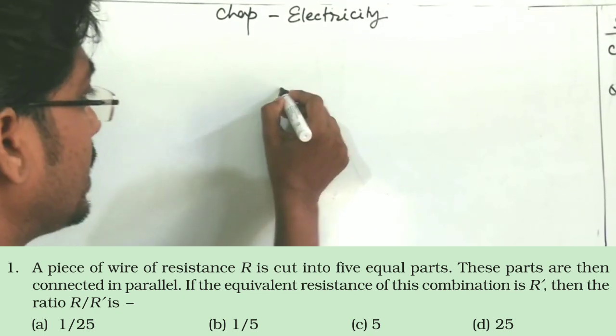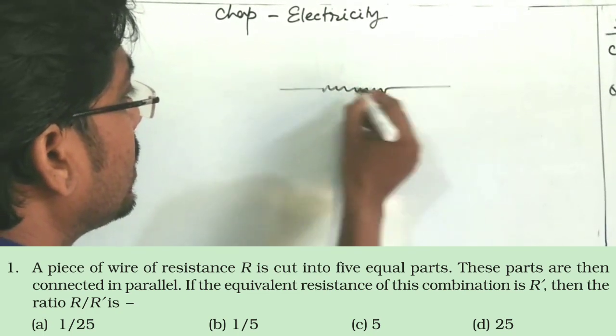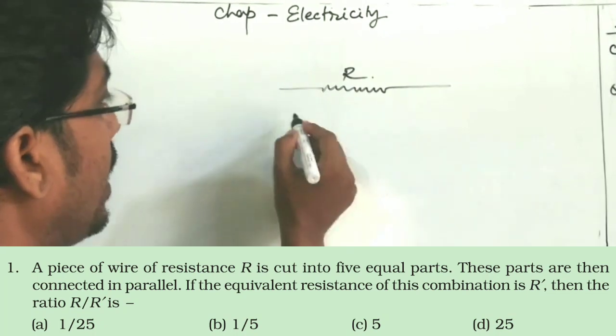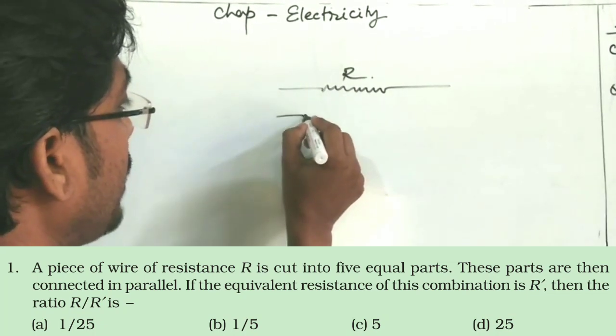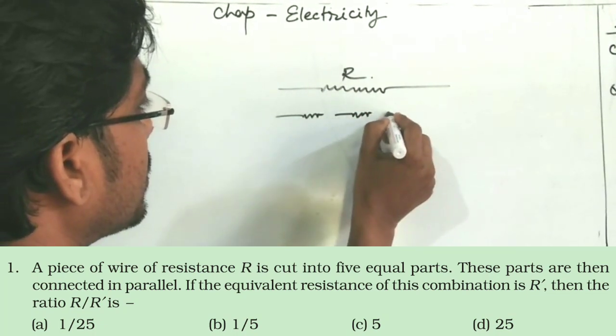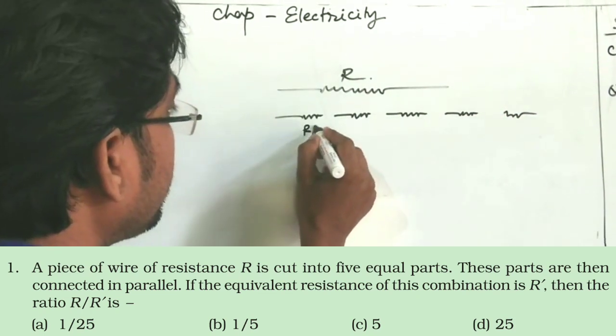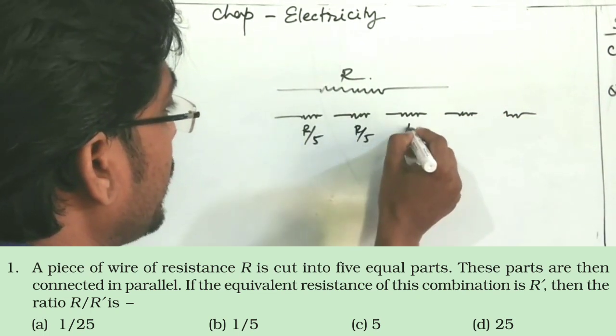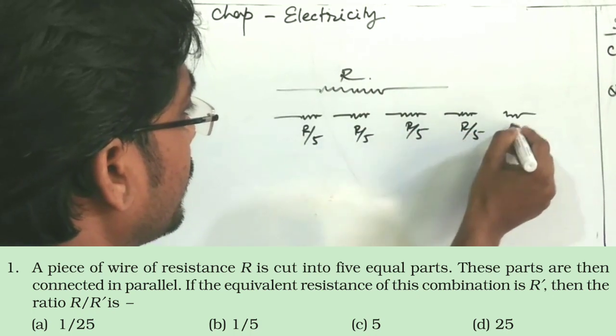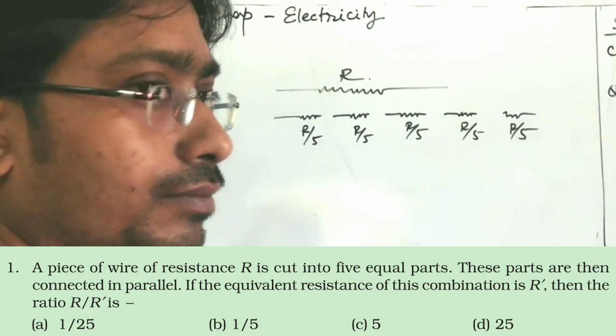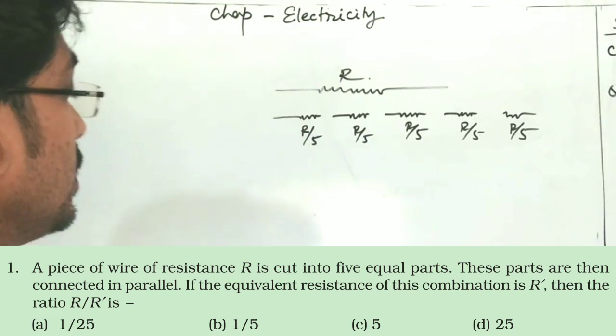The resistance was R, and this was cut into 5 equal parts. Then it will be R by 5, R by 5, R by 5, R by 5 and R by 5. All will be R by 5 because they are cut into equal parts.